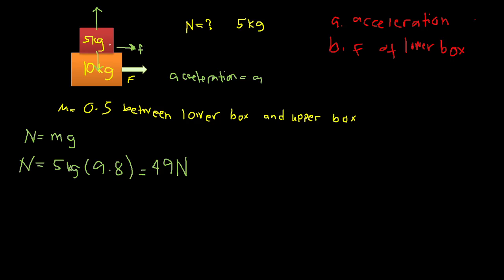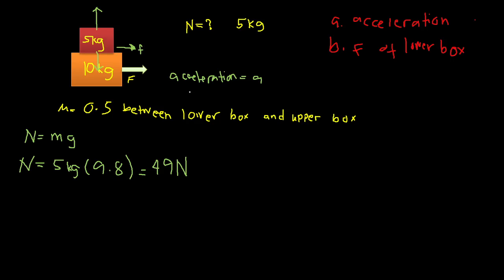But due to movement ng ating lower box, may tendency na pwedeng magalaw din tong ating upper box. But due to static friction na pumipigil sa kanya, meron siyang at rest due to law of inertia. So yung static friction natin, it acts na force towards to the right and must exist to keep upper box from moving along with lower box.